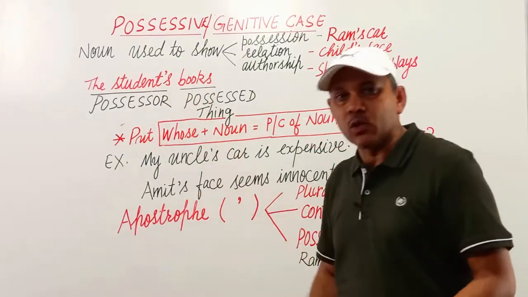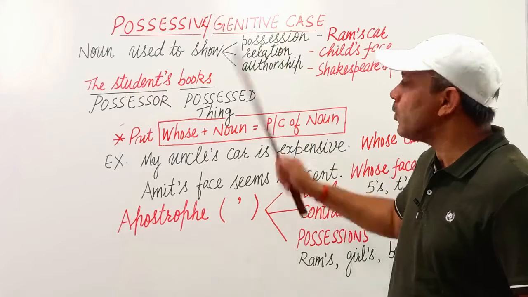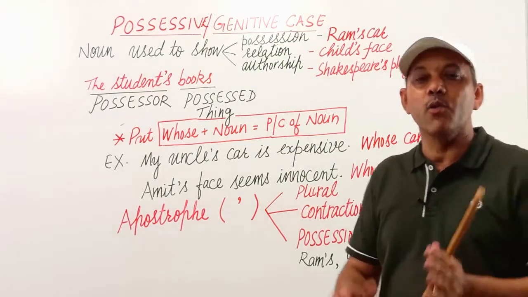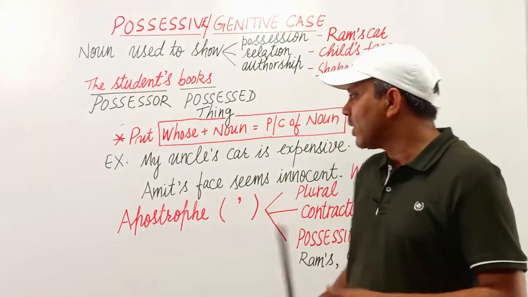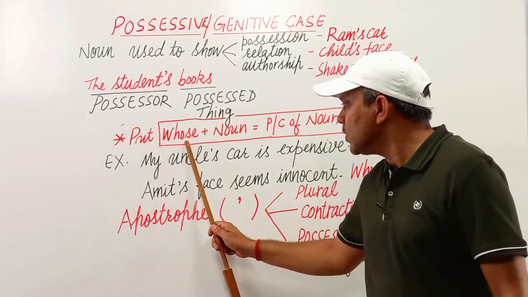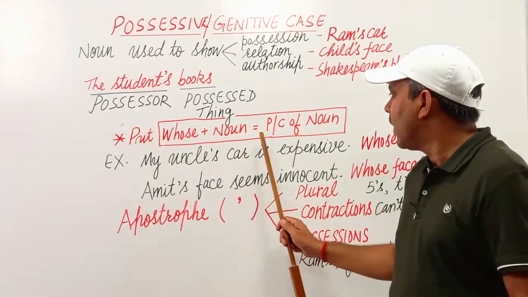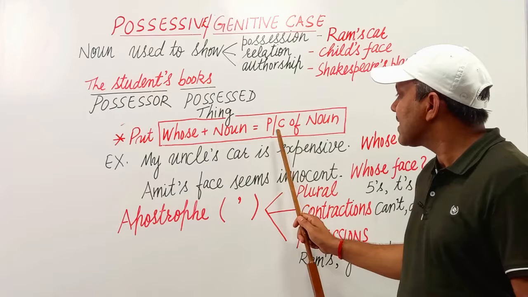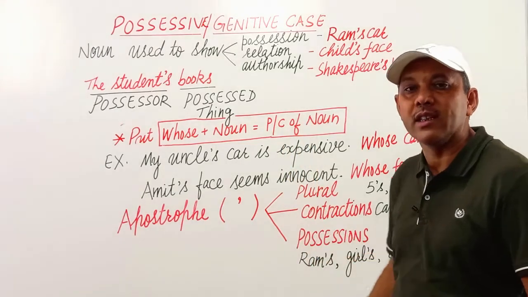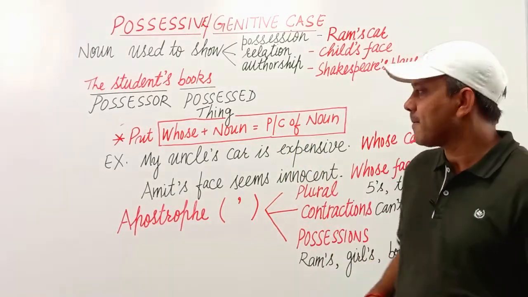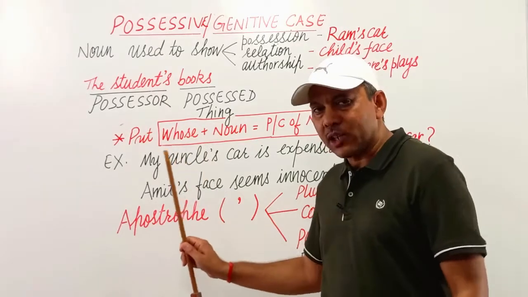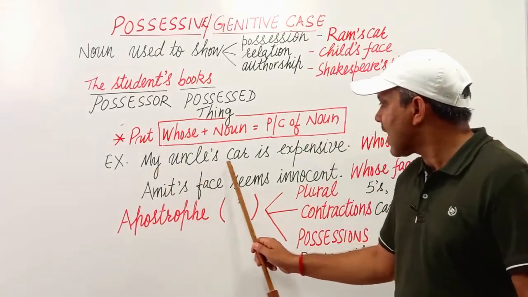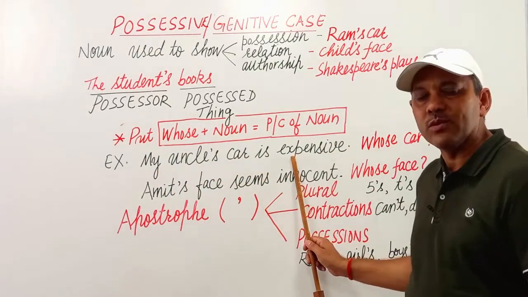How can we find out the possessive case of noun in a given sentence? A very simple formula. Put whose plus noun, and we get possessive case of noun in that particular sentence. Let us take two examples. My uncle's car is expensive.